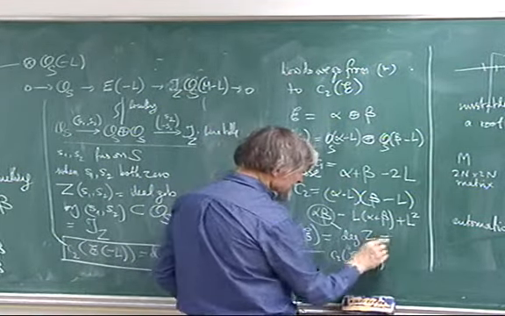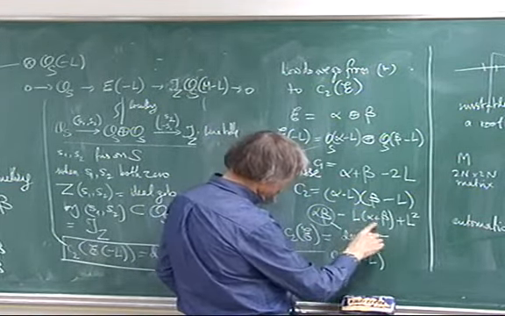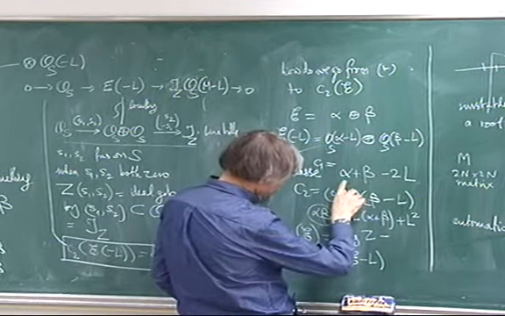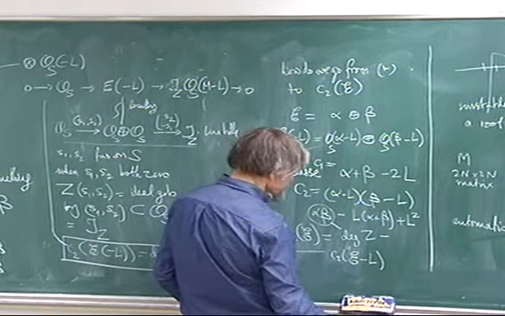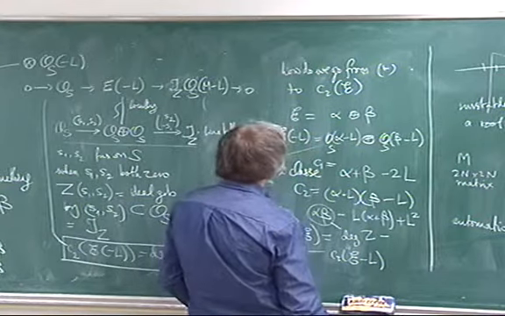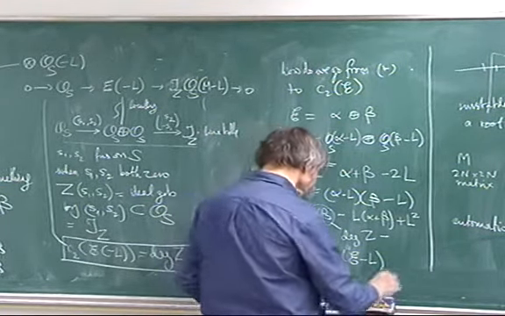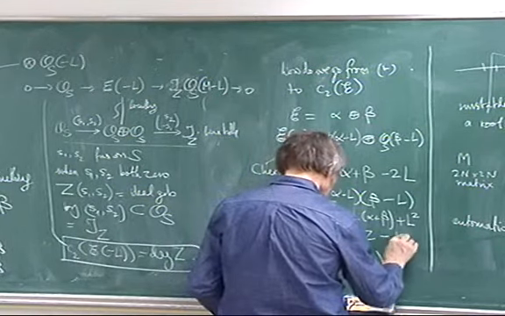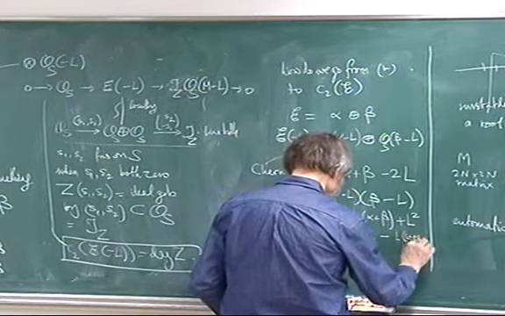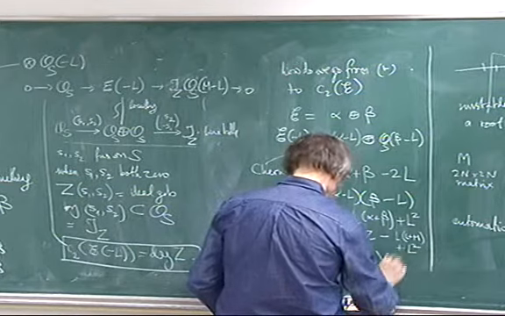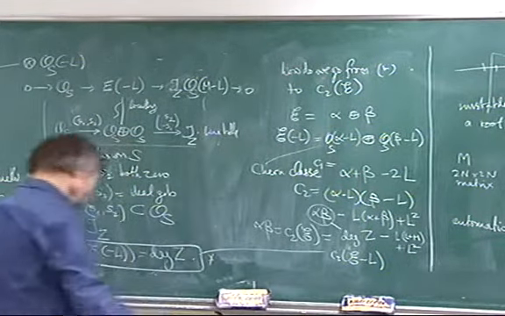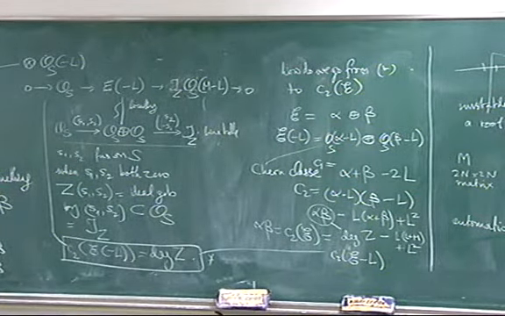And then minus L times alpha plus beta, but we know alpha times beta is... So this is L times L plus M plus L squared. Anyway, I'm getting fed up with this.